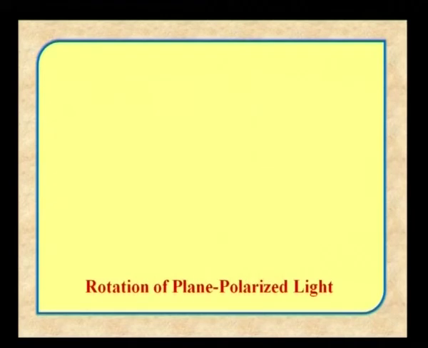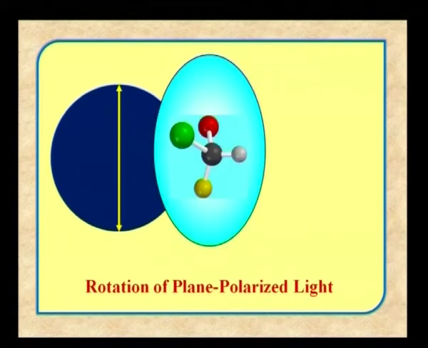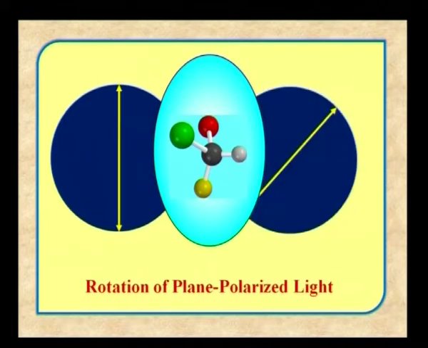If this plane polarized light is passed through an optically active medium, here I show a molecule, it may be a sugar molecule or a turpentine or a solid substance like quartz and so on, and the plane polarized light will undergo a specific rotation.